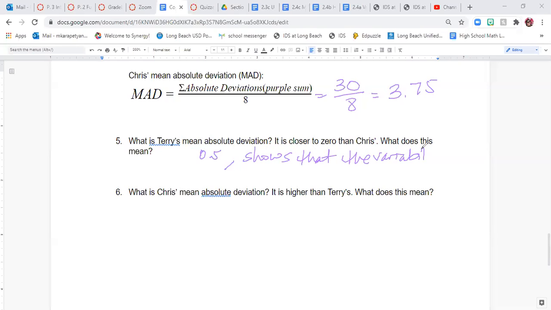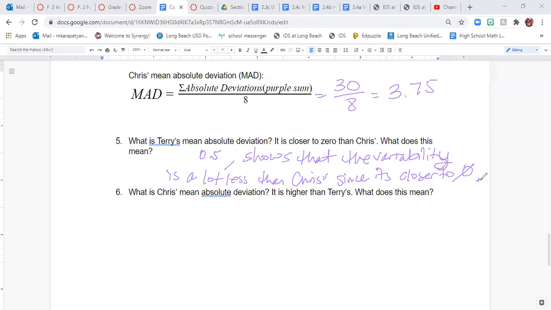Variability is a lot less than Chris's, since it's closer to 0. Very good. Thank you, Dario. Knocked that one out of the park.